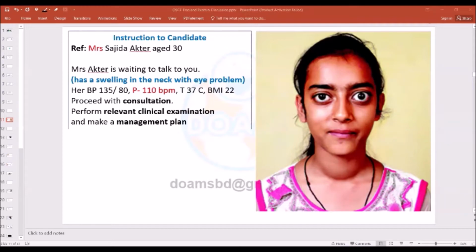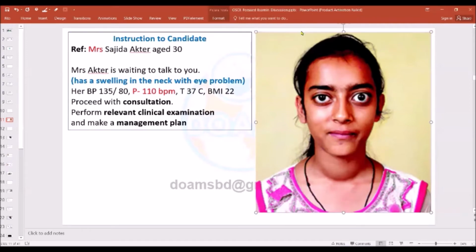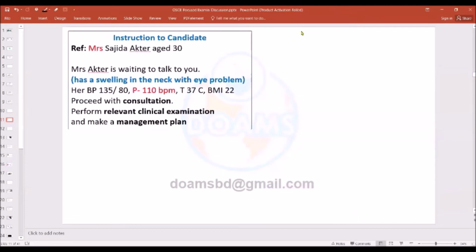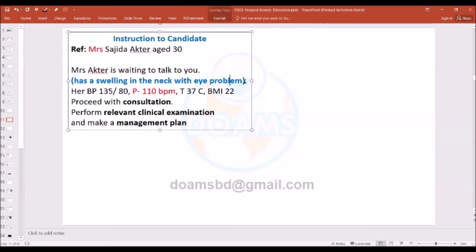But suppose this lady may not have other features to be inspected, or you are looking at a patient apparently having no problem on inspection. If it is so, and the patient is not telling that the patient has a problem, I am just removing it from the instruction. Please look.